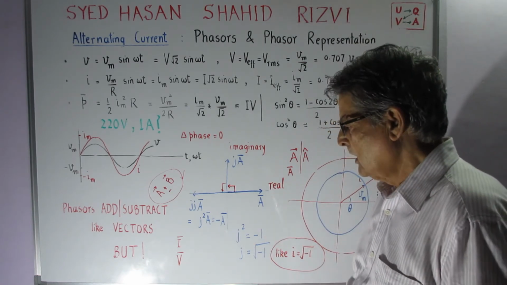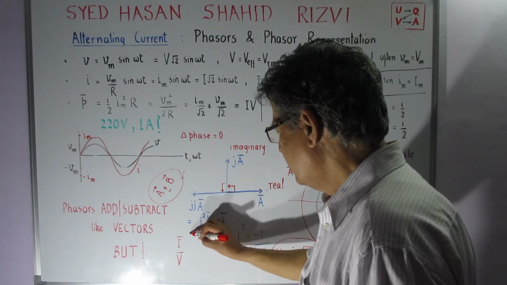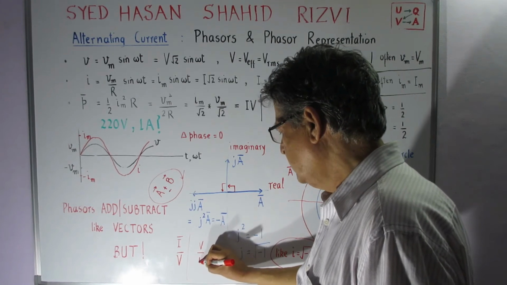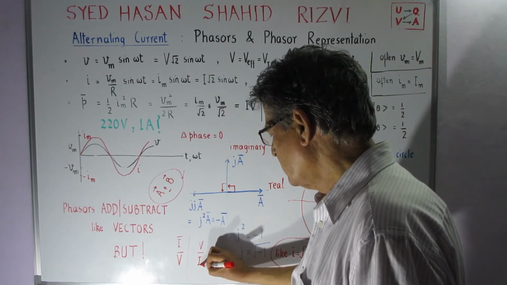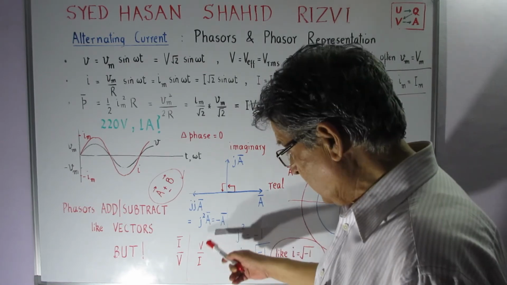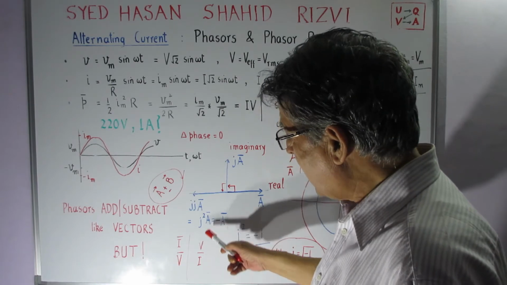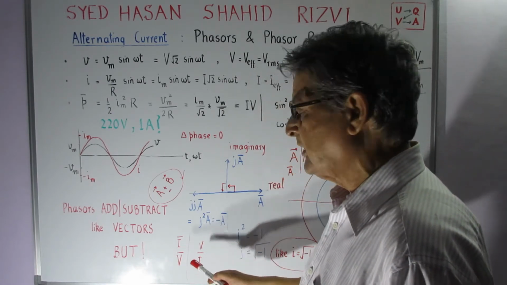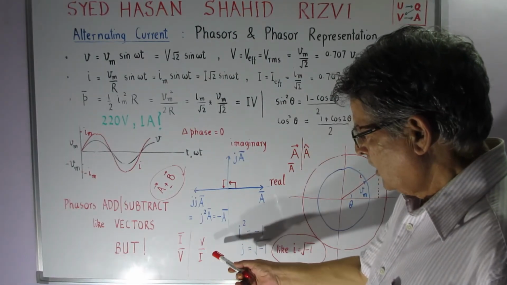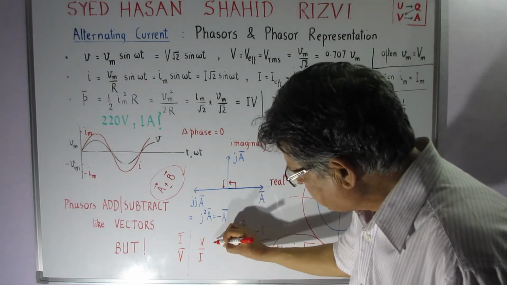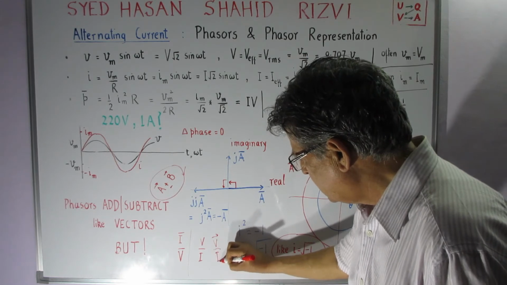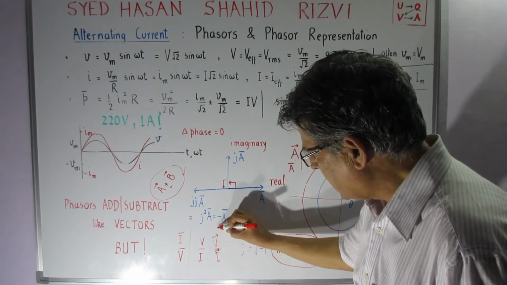Now, if we come across something like V and something like I, they are both scalars. If they were vectors, I could not divide vector V by vector I. This is what we say, this is haram.